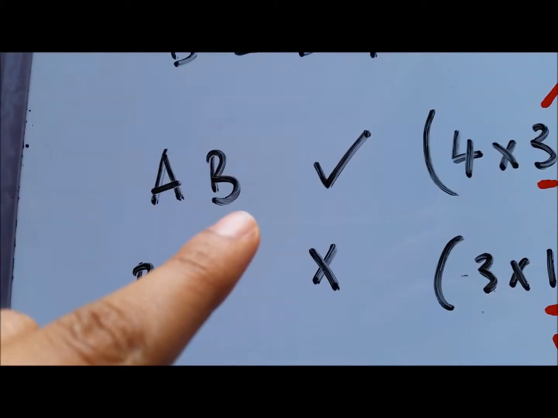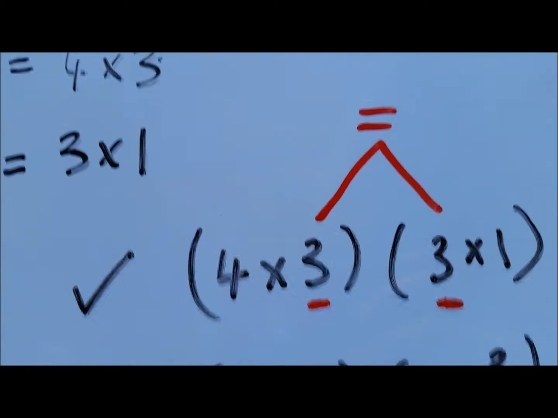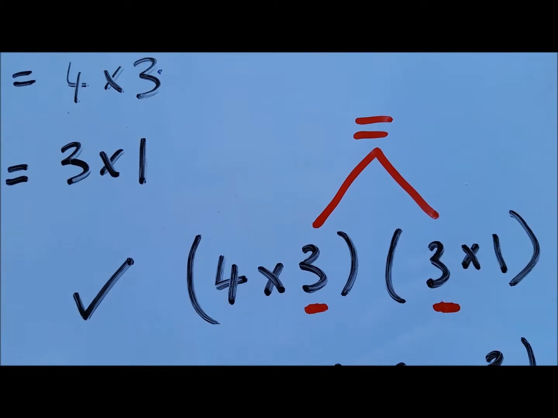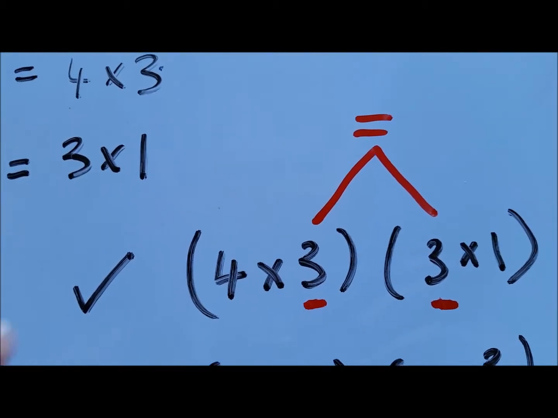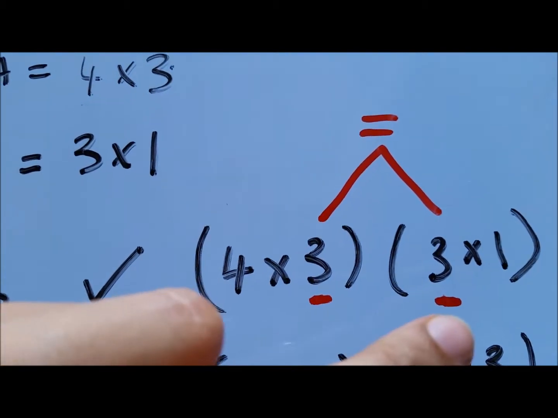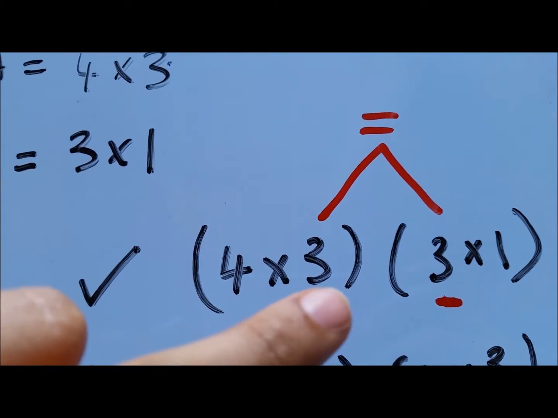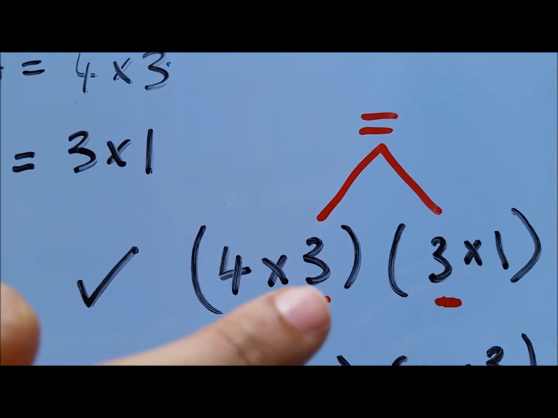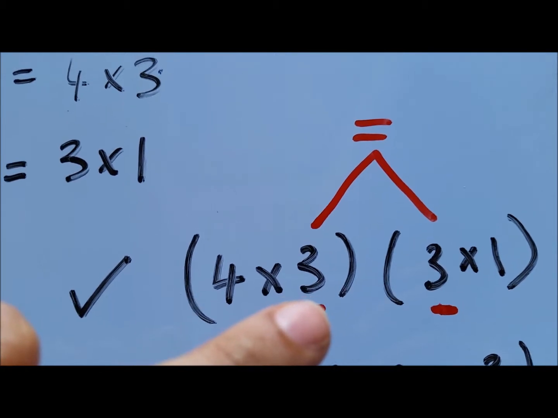If A was equal to 4 times 3 and B was equal to 3 times 1, we would write it out like this. What we notice here is that the two middle numbers, which are 3 and 3, are equal. They're the same number.